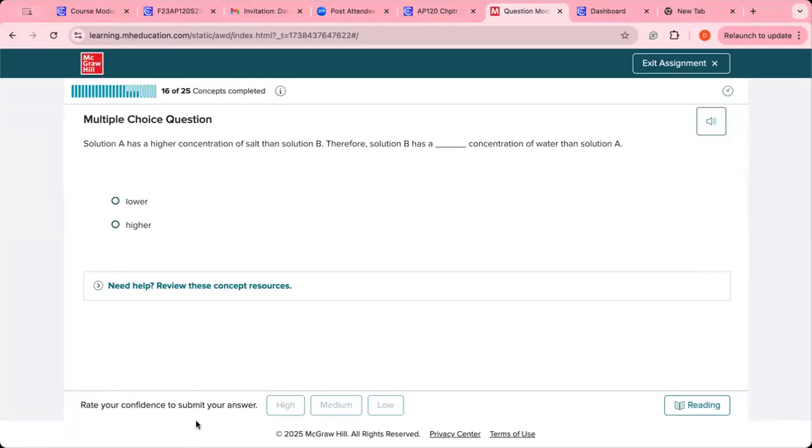B would have a higher concentration of water because B has less salt, is what it's saying. If A has more salt, it has less water. If B has less salt, it has more water. So it would be a higher concentration of water than A would have.